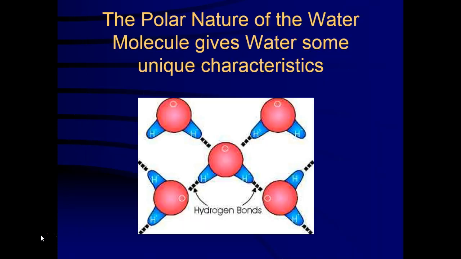Okay. So, we're going to talk a little bit about some of the properties of water that are created by this polar nature. And some of these are pretty wild.